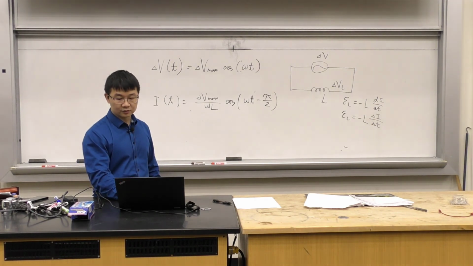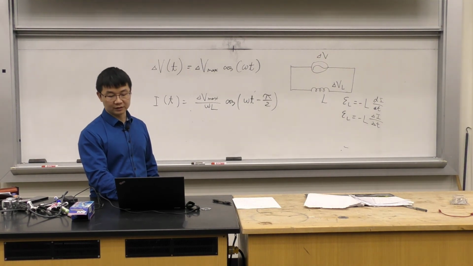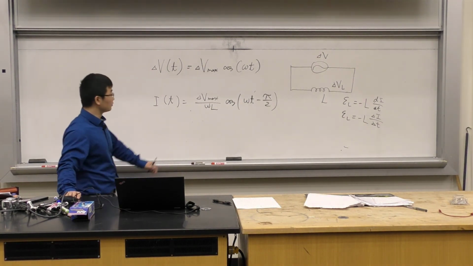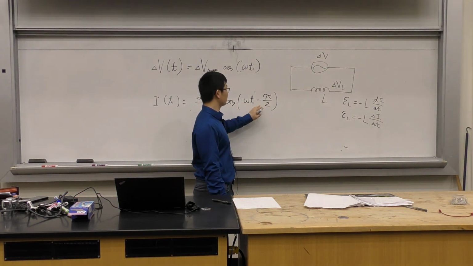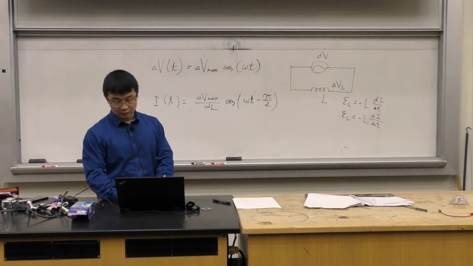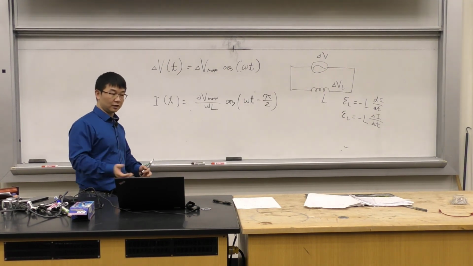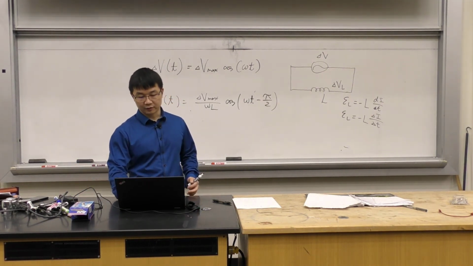The current reaches the peak 90 degrees after the voltage has reached the peak. So we say that the current is always behind the voltage by 90 degrees, because in this cosine function there's a negative 90 degrees, or 1/2 pi radians. So they are out of phase. They're not the same as a resistor. They are out of phase.